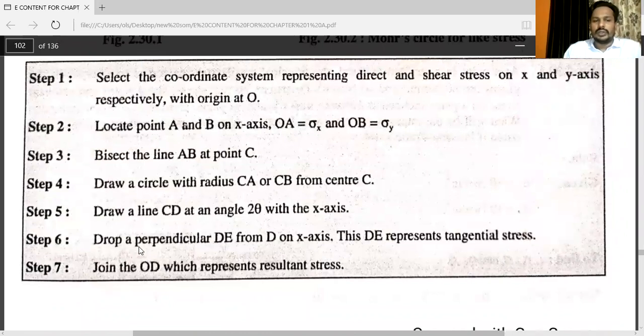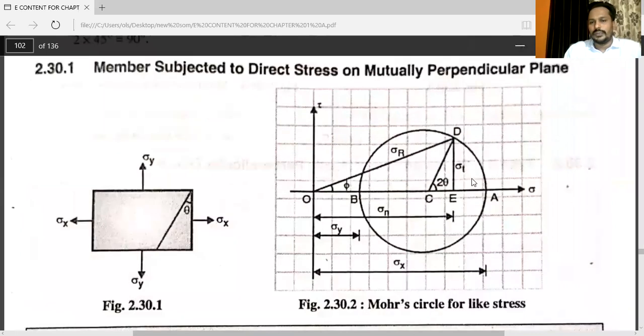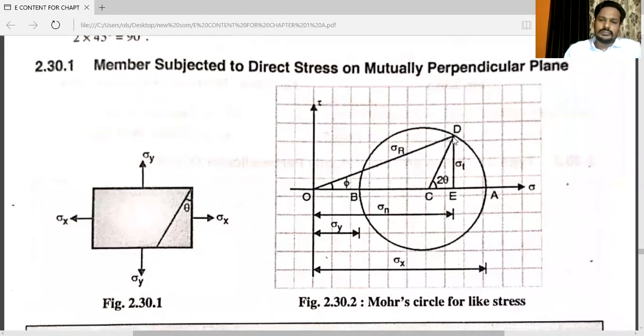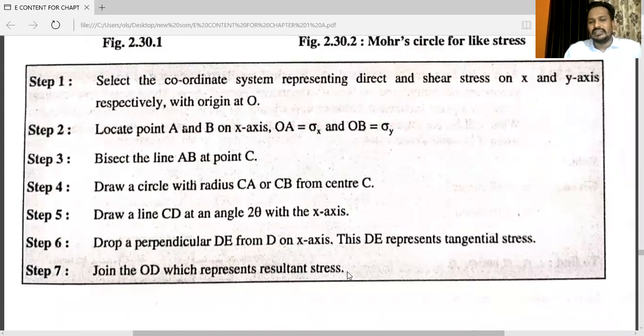After that, draw a perpendicular DE from D on the x-axis. This represents tangential stress. From point D, you have to draw the vertical line. That is sigma T, the tangential stress. Join OD, which represents the resultant stress.